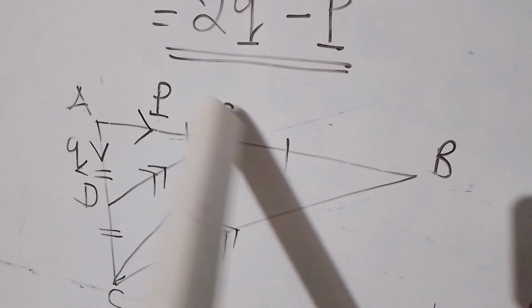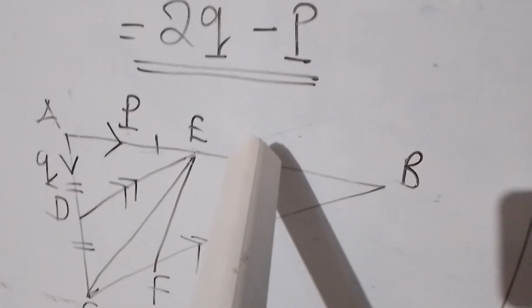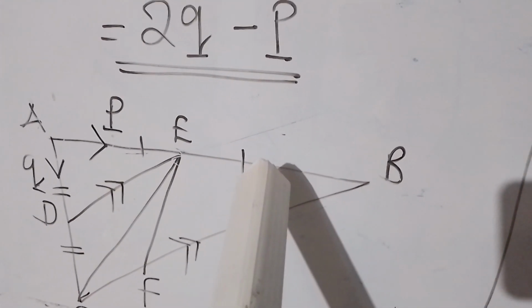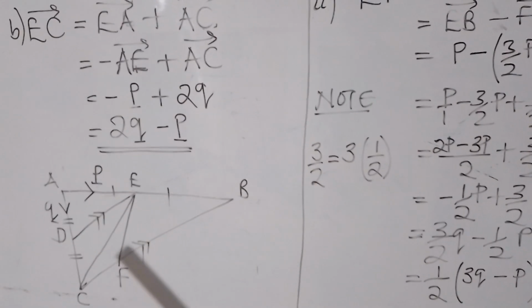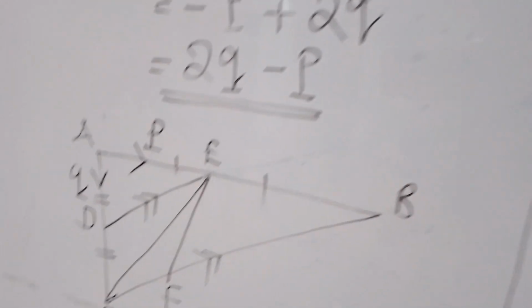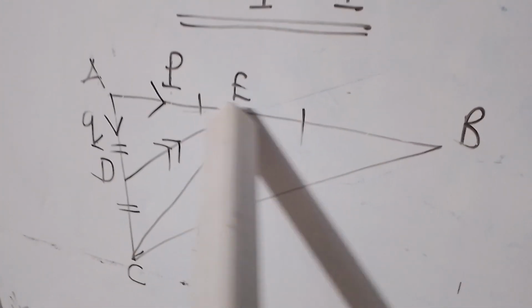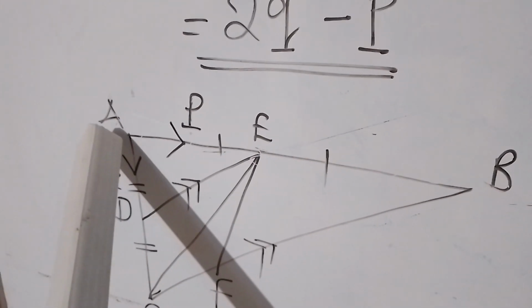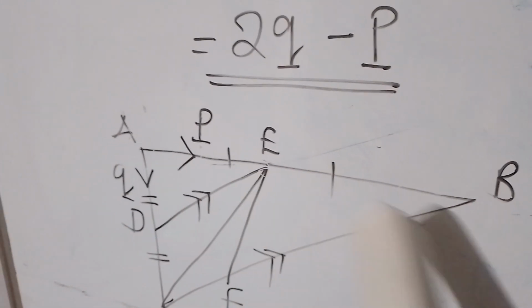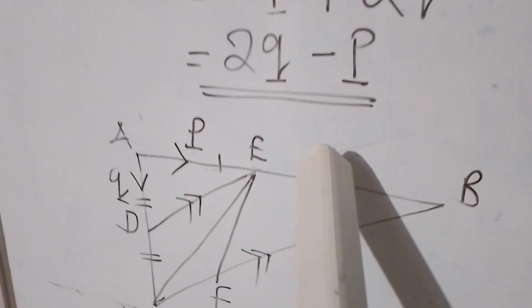So if here is P, then even this side it's P. So EB, when you look at this arrow, it is showing us this vector is moving from A to B. So EB is just going to be P, positive.